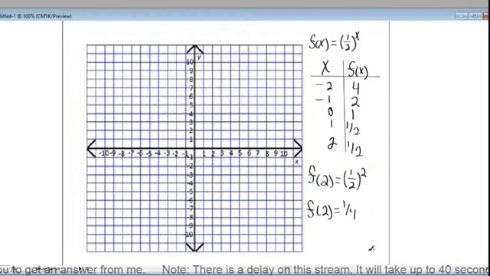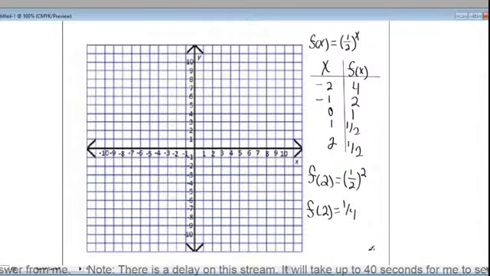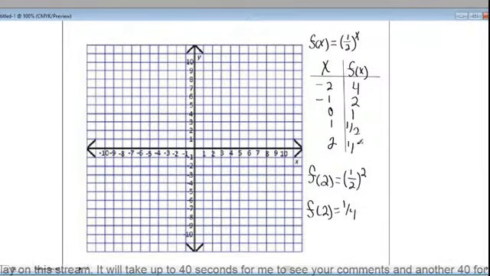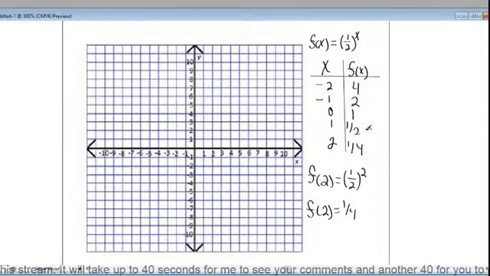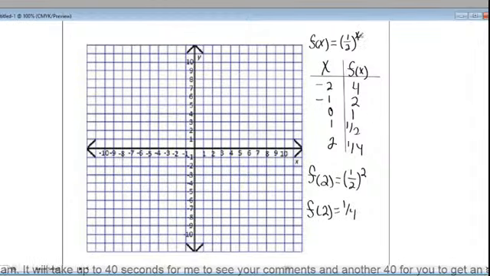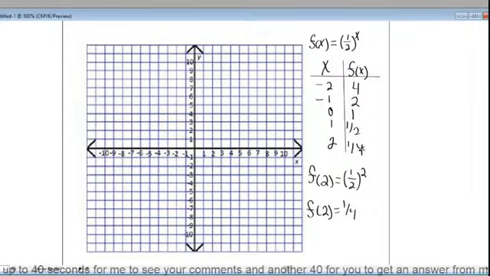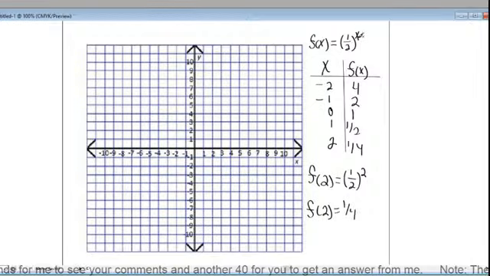So this is the reverse of our original function that we did when we did 2 to the x. Okay, so 2 to the x, we had 1/4. Whoops. Let's make that a 4. When we had 2 to the x, it was 1/4, 1/2, 1, 2, 4. Now that we have 1/2 to the x, it's the opposite.